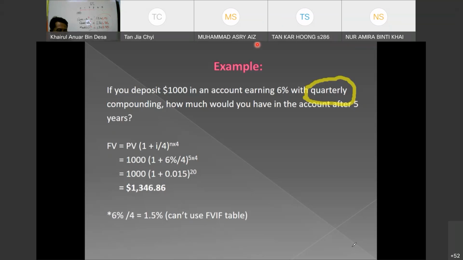The more frequent we compound the present value here, the results increase. Okay, ini kita compoundkan 2 kali, ini kita compoundkan 4 kali, ini kita compoundkan 12 kali dalam setahun.